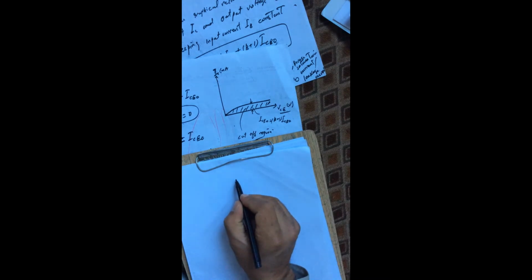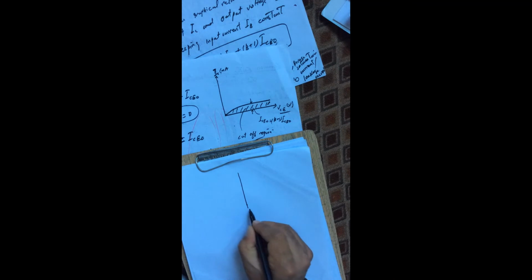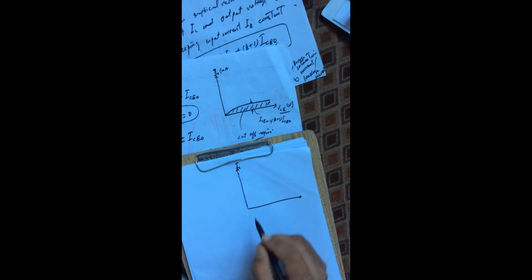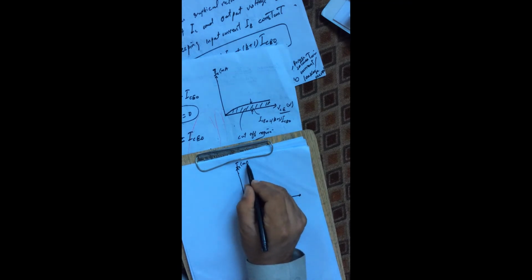Here again I will use the same graph, but I will plot it on a different page. So here, this is the output current, which is measured in milliampere, and this is the output voltage VCE, which is measured in the unit of volt.